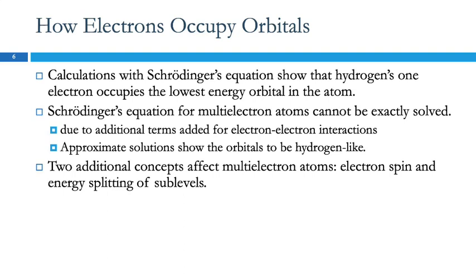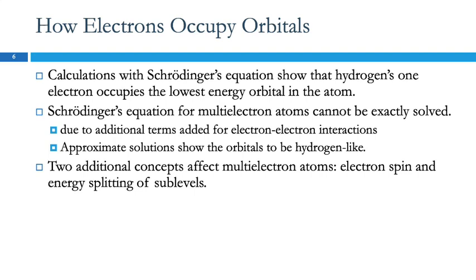Calculations with Schrodinger's equation show that that electron is going to occupy the lowest energy orbital, which makes sense. Everything tends towards lower energy. We can solve and do all kinds of cool stuff for hydrogen because it has one electron. But when you get more than one electron, everything gets way more complicated. And so we can't actually solve Schrodinger's equation, but we can approximate it.